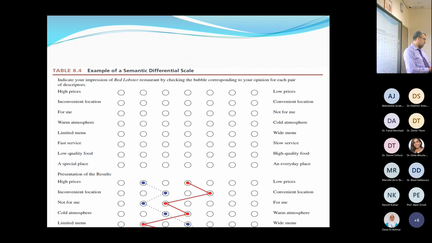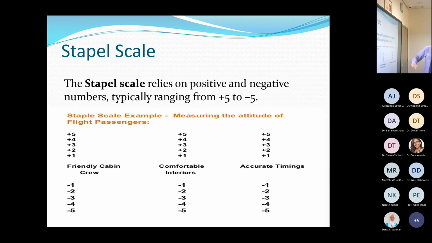And this is the big problem, because if you start mixing up the positive with the negative, with different codes, then all the results are distorted. I need to go back and do that again. Yeah, good. So this is an example of another semantic, another interval scale.